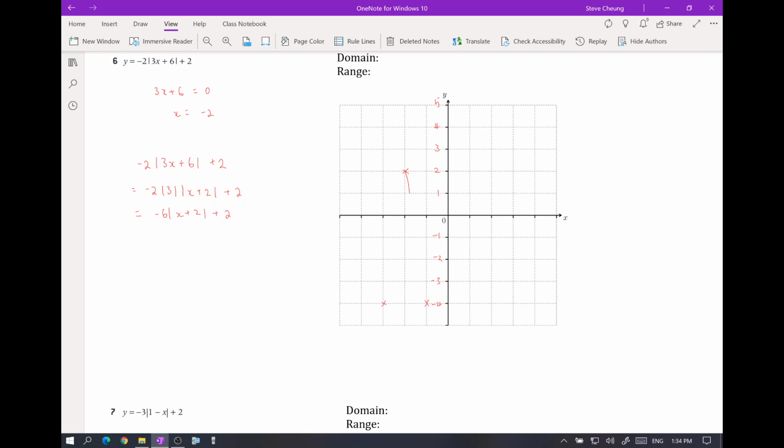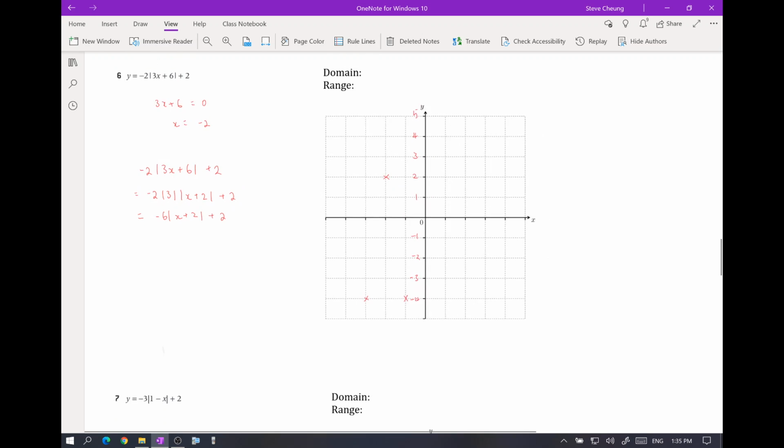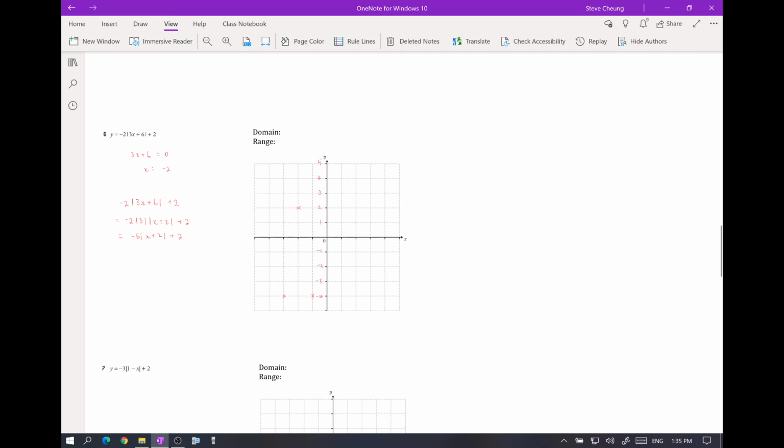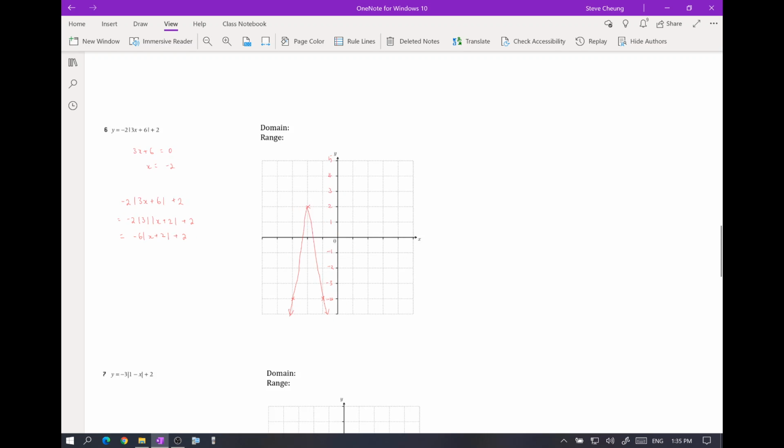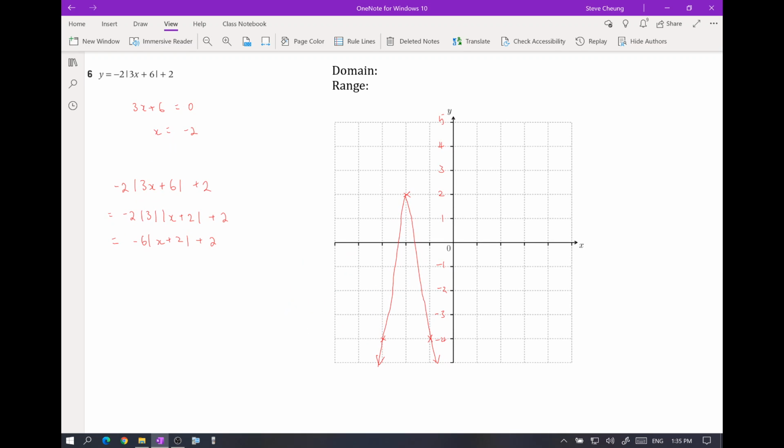If only I had a ruler. Oh, come on. Let me shrink it down a little bit. Maybe it'll be easier. So our domain is all real numbers. And our range in this case will be anything less than or equal to +2.